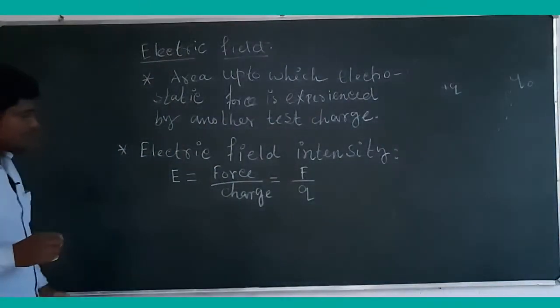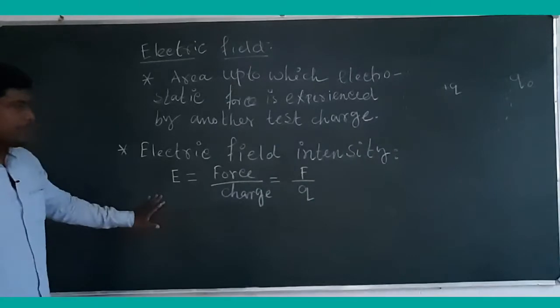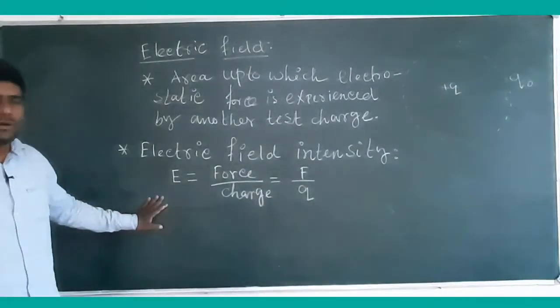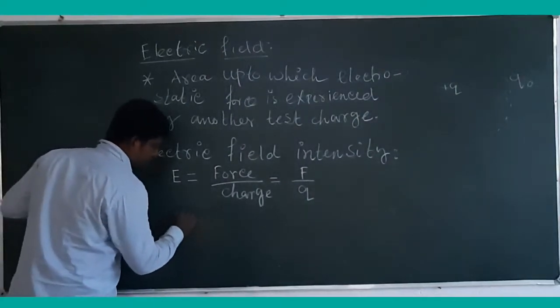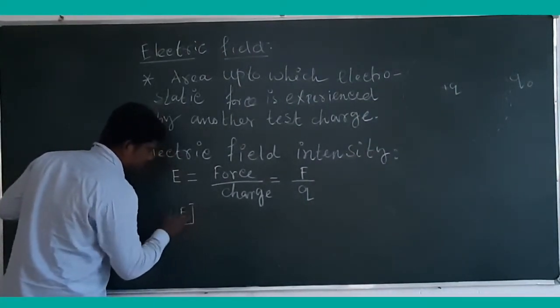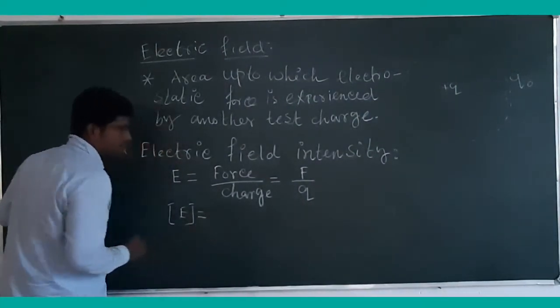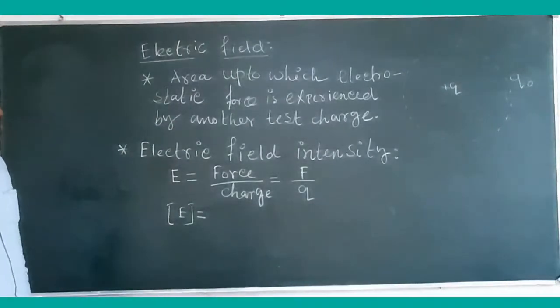Okay. Now if you want to find out the dimension of this electric field, then you can easily calculate the dimension from this equation. Calculate that and tell me what is the value of that dimensional formula.